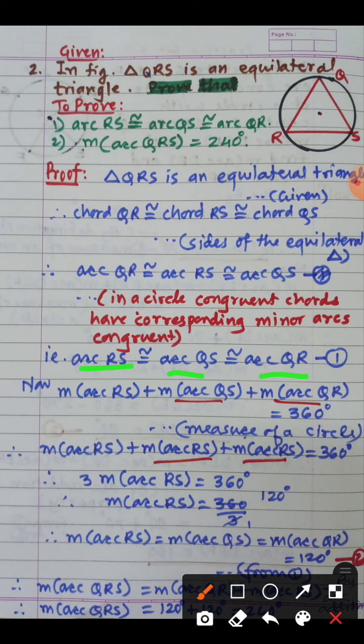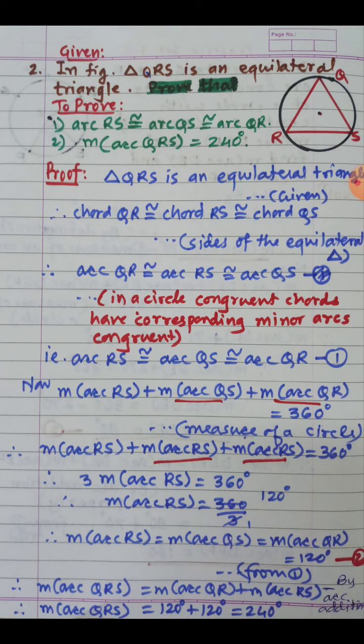Now students, measurement of arc RS plus measurement of arc QS plus measurement of arc QR is equal to 360 degree, because it completes the circle and measure of a circle is 360 degree. Therefore, measurement of arc RS plus measurement of arc RS plus measurement of arc RS is equal to 360 degree, because all the three arcs are congruent, so we have taken all the three arcs as arc RS.